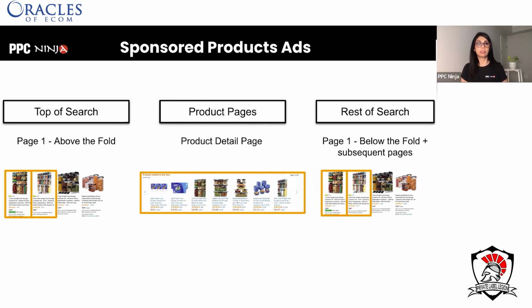These ads could be carousels on that page, and there could be tons and tons of these carousels with sponsored ads. And the third placement is called rest of search. Rest of search is anything below the fold on page 1, and then all subsequent pages like page 2, page 3, page 4, and so on.